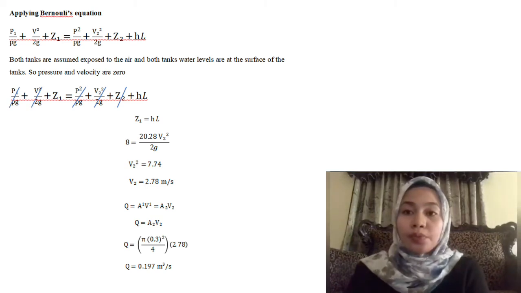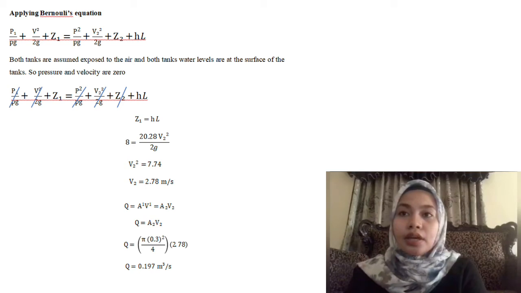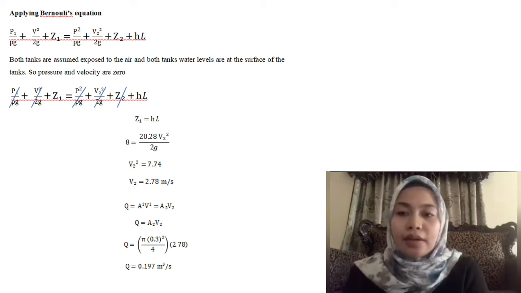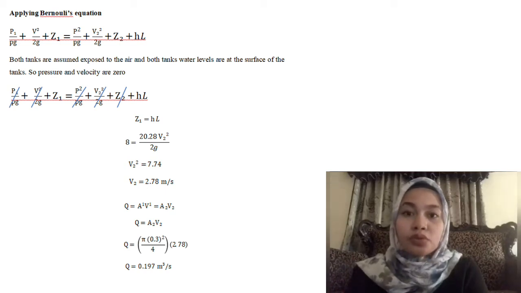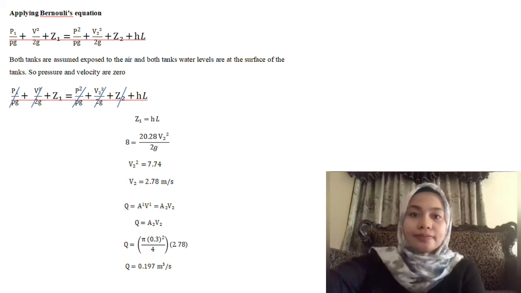Next we proceed to Q equals A1 V1 equals A2 V2. Okay, Q equals A2 V2. Next, A2 V2 equals pi times 2.3 squared over 4 times 2.78. So the answer of Q is 0.197 cubic meters per second.